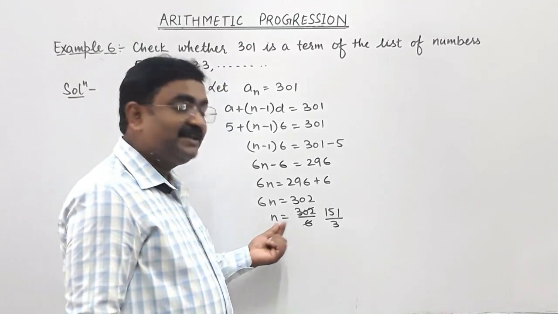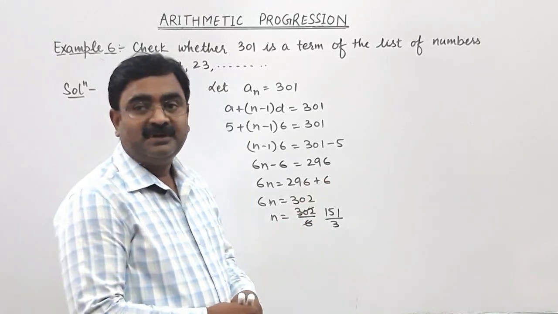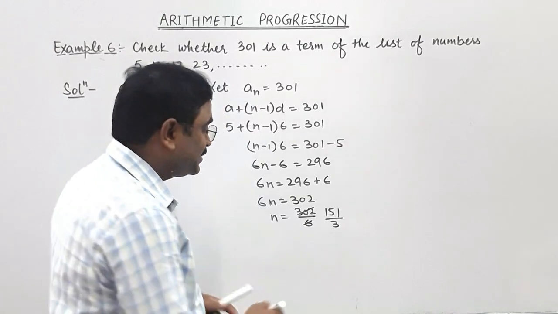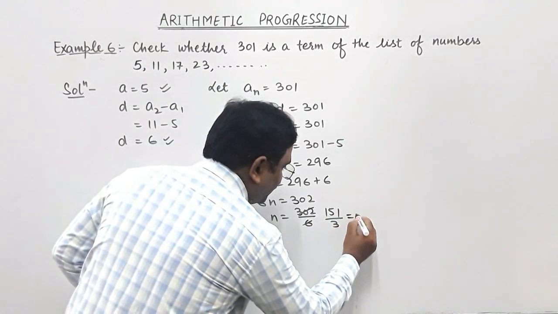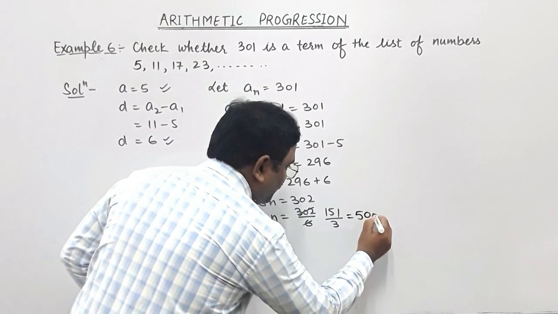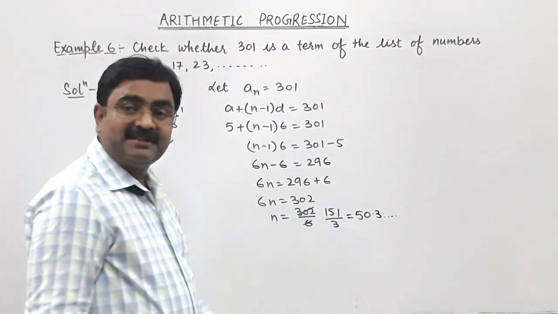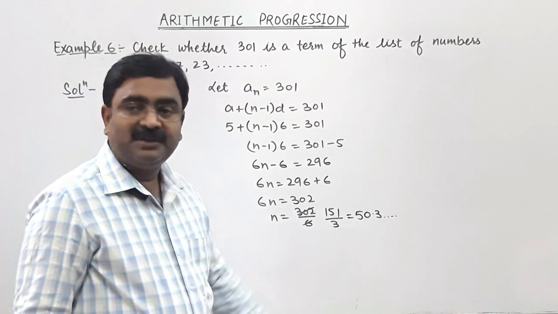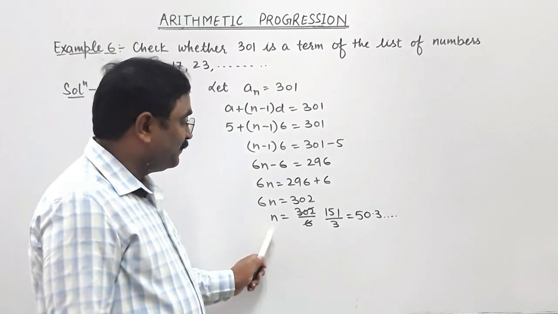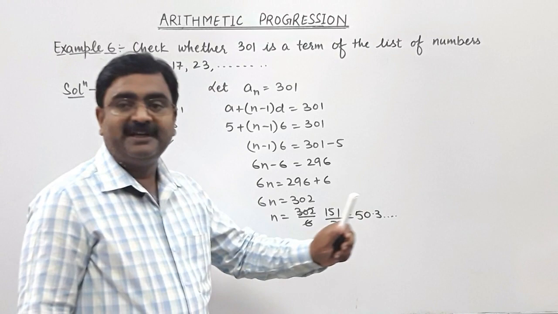The value of n should be a whole number. 3 fives are 15, it comes to 50.3 something. So this is in decimal. That's why the value of n should not be in decimal.